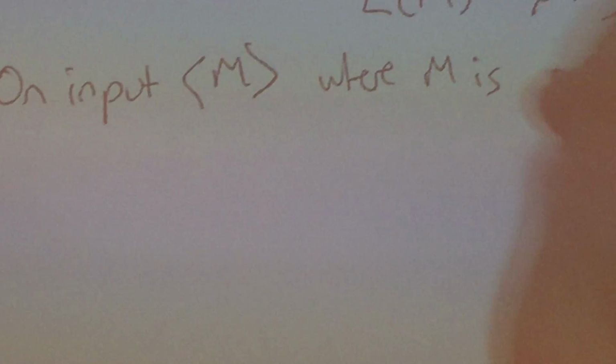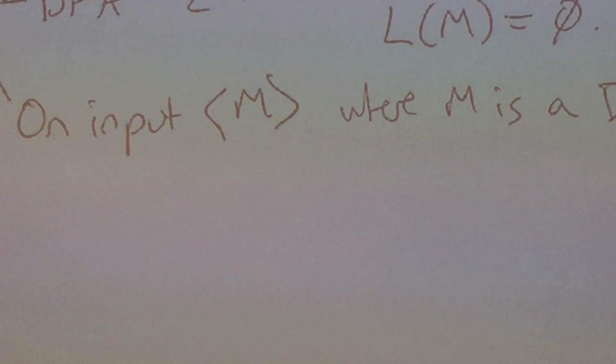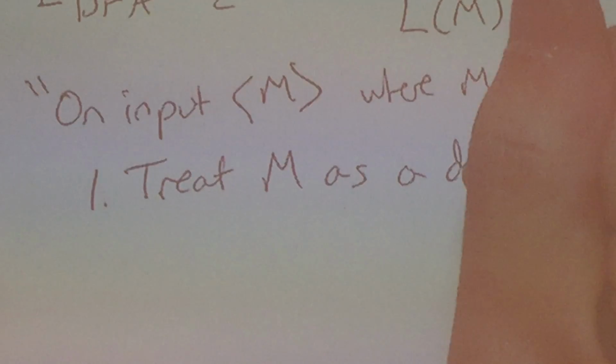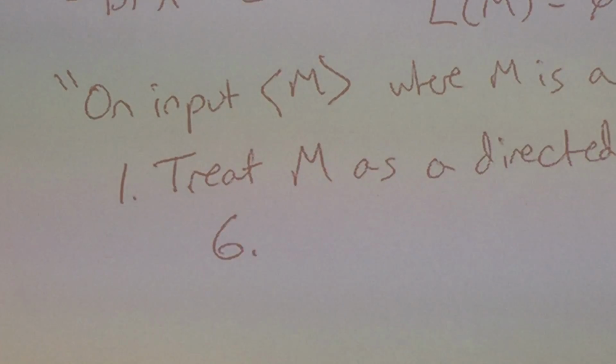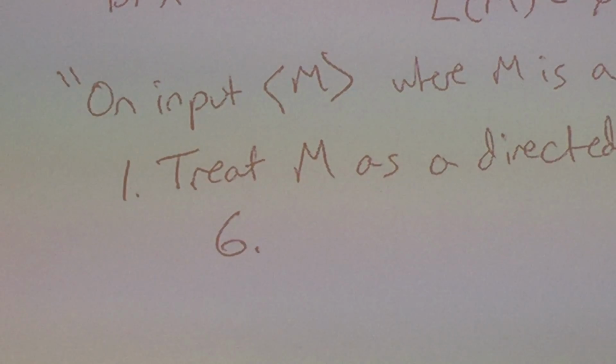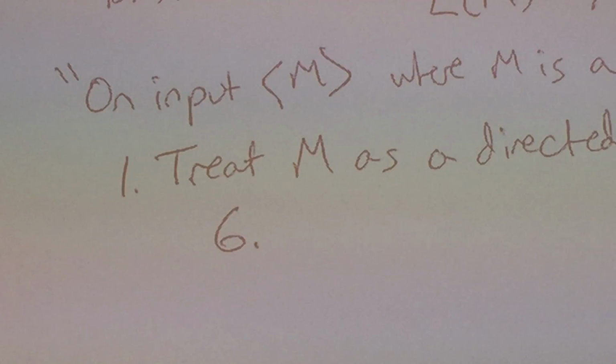So on input, description of M, where M is a DFA. First thing, treat M as a directed graph I'm going to call G. So G is the directed graph representation of the DFA.